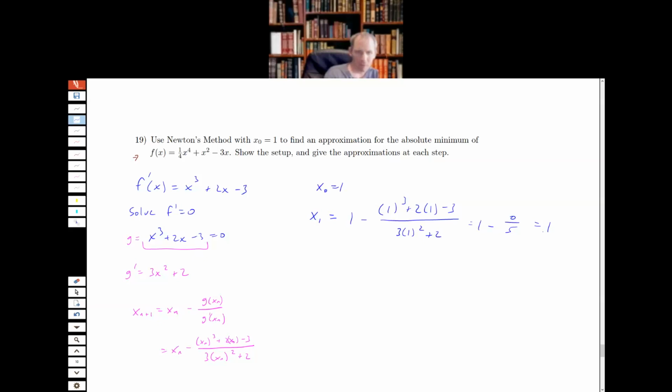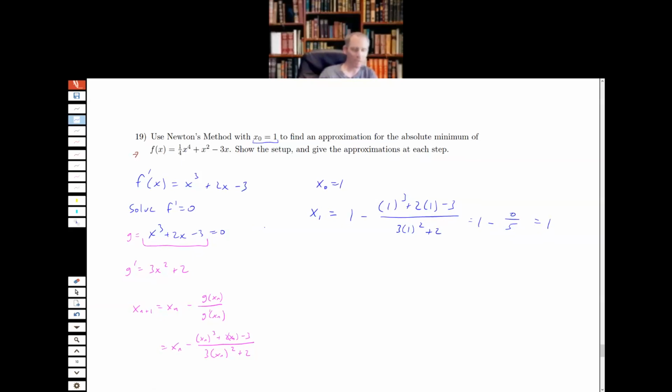We're not going to bother to look for other minimums and stuff because this is the only guess that they gave us. So if there are other solutions to f prime equals 0, you're not going to have to pick your own initial guesses for Newton's method.